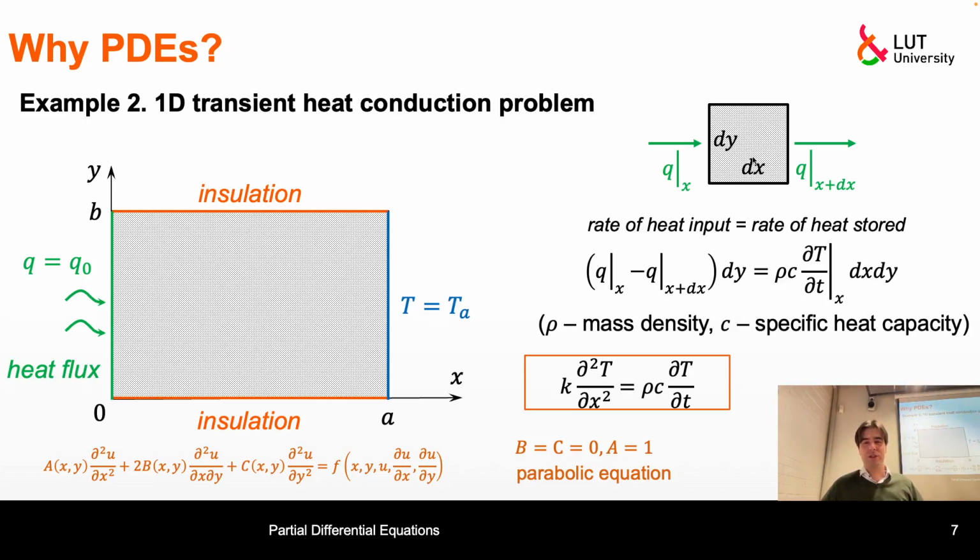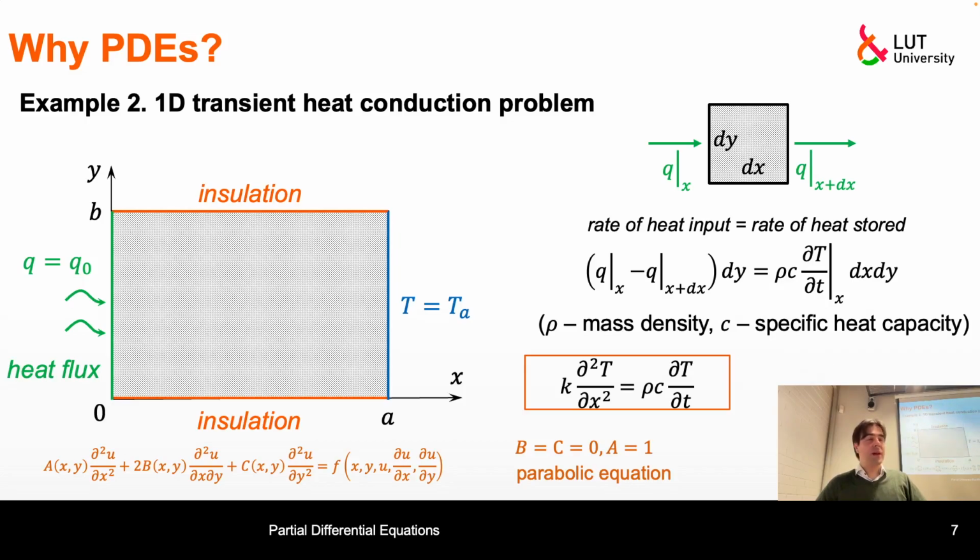And the rate of heat stored in the element we describe with this quantity, specific heat capacity, or it's often called just specific heat. It's a property of a material describing how it stores thermal energy, so how much energy is required to heat it up by 1 degree. Actually that's literally the definition, but you must add a unit of mass also, or unit of volume. There are two different quantities which are of course related.